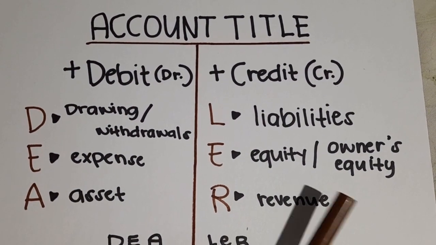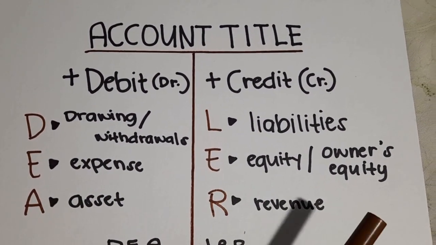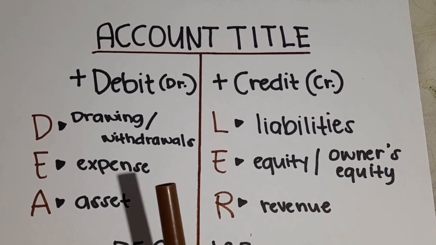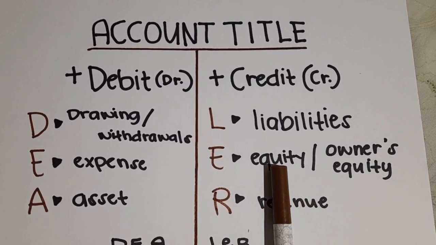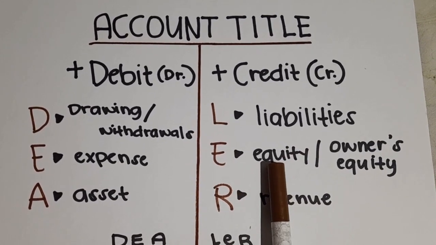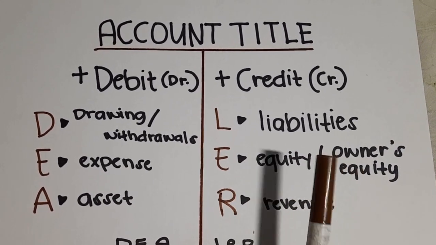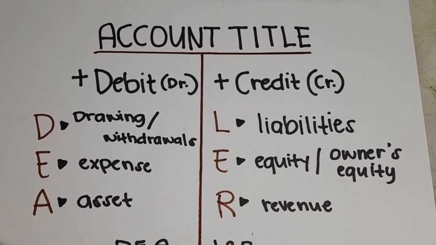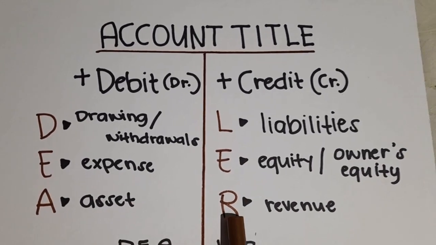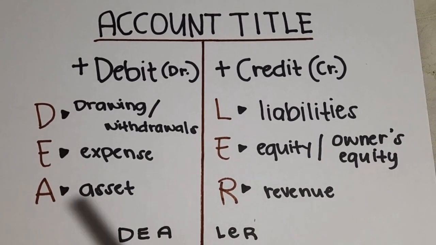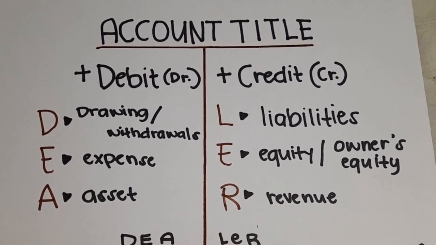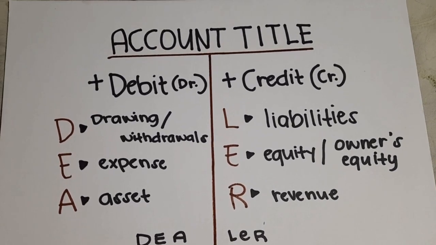So, we can conclude na ang drawing, expense, and asset, ang normal balance niya ay debit. At ang liabilities, equity, at revenue naman ay credit. So, palagi nating tatandaan ang DEALER dahil isa ito sa pinakamahalagang guide for us para hindi tayo nalilito sa paglagay ng mga amount and accounts.